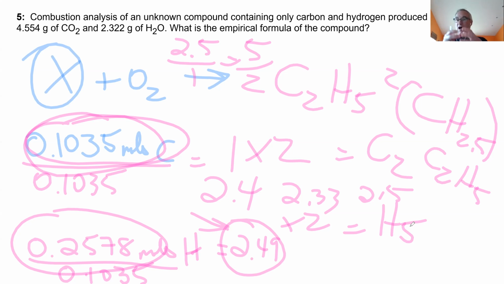So the oxygen that's in the compound, very little of that will actually be turned into water and CO2. So we'll figure out how much carbon and hydrogen, and then the rest of the mass of the molecule will be oxygen. So we'll have to calculate that indirectly. But I'll show you how to do that when we get to it.